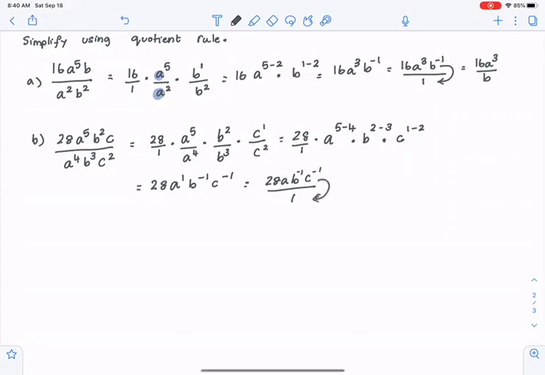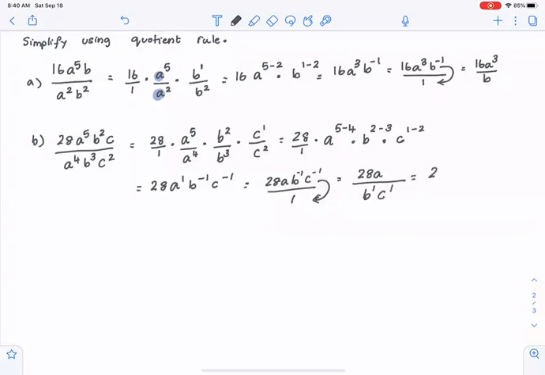So I could move that to the denominator, which would give us 28a. If b raised negative 1 moves to the denominator, it becomes b raised positive 1. If c raised negative 1 moves to the denominator, it becomes c raised positive 1. So we would end up having 28a divided by b times c.